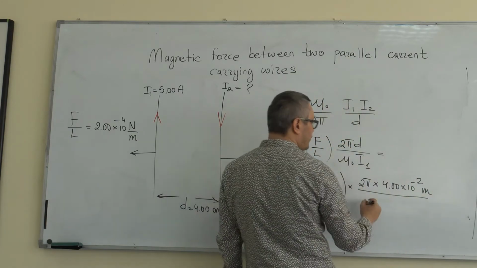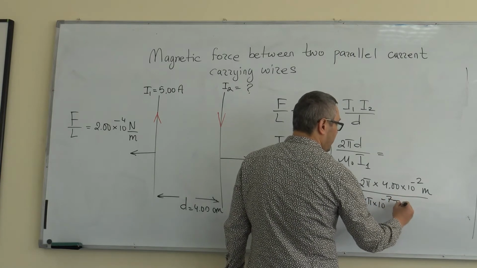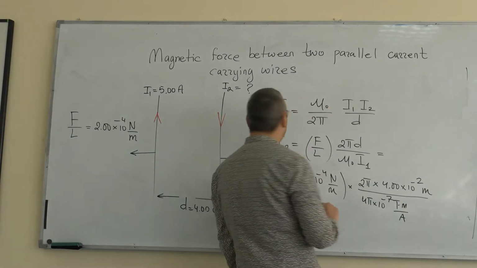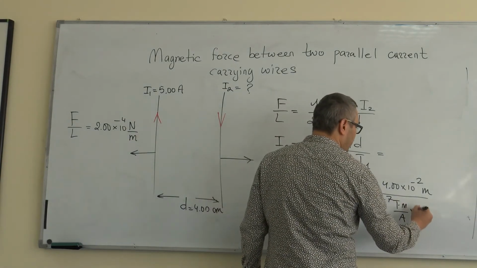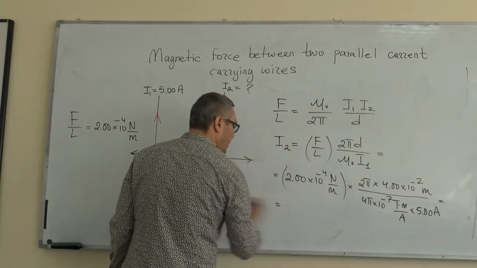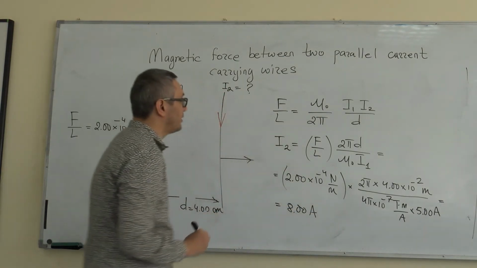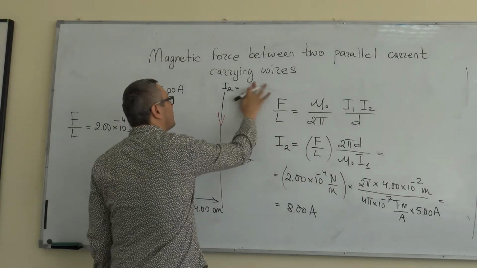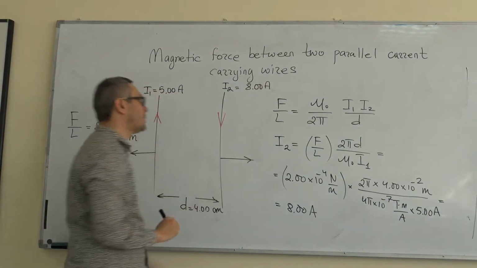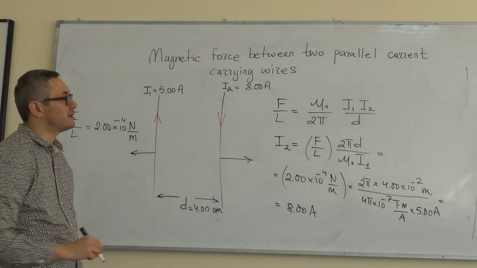Mu 0 is a constant, 4 pi times 10 to minus 7 Tesla meter per ampere, times I1, which is 5 ampere. And this gives you 8 ampere. So the current I2 is equal to 8 ampere. So now we know that the current I2 is opposite to I1 and the magnitude is 8 amperes.